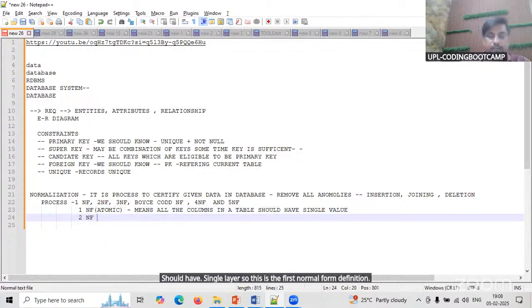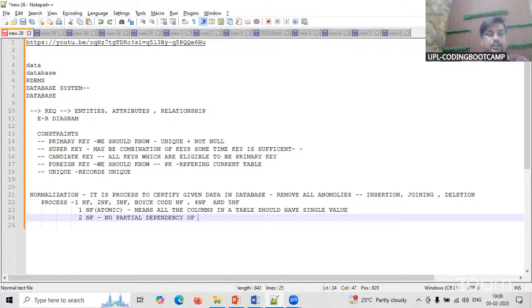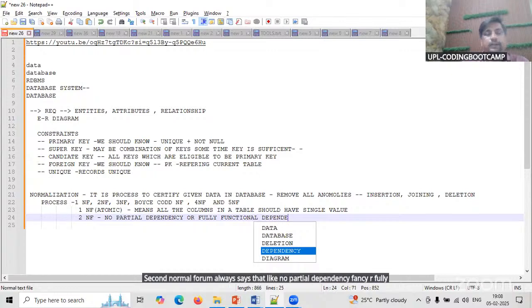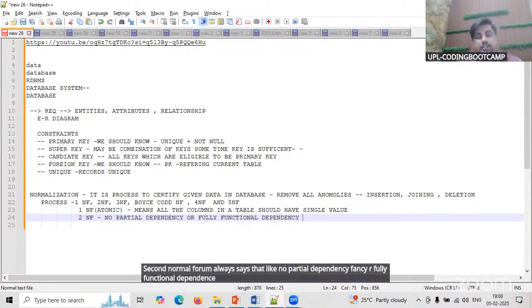Second normal form always says no partial dependency, or fully functional dependency. That means one column is dependent upon another column completely. That is nothing but second normal form.